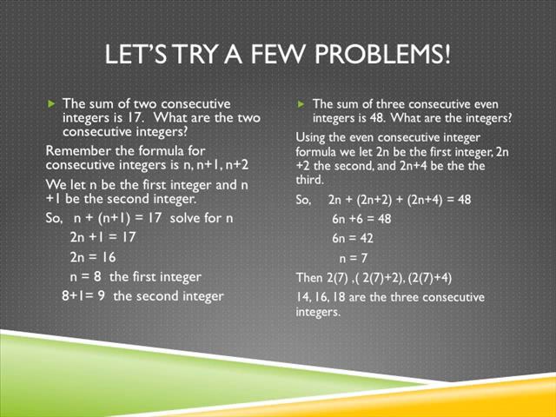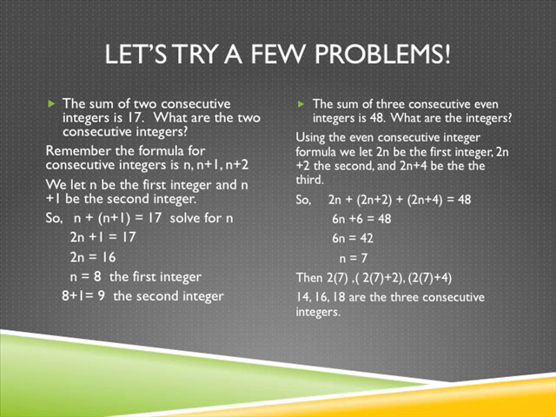So, our equation is 2n plus the quantity of 2n plus 2 plus the quantity of 2n plus 4, which equals 48. Combining like terms, we get 6n plus 6 equals 48. Subtracting 6 from both sides gives us 6n equals 42. And we divide by 6, therefore n is 7.